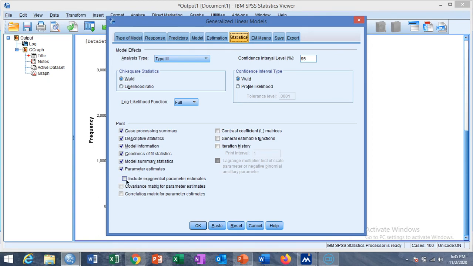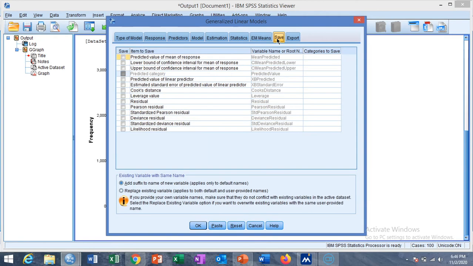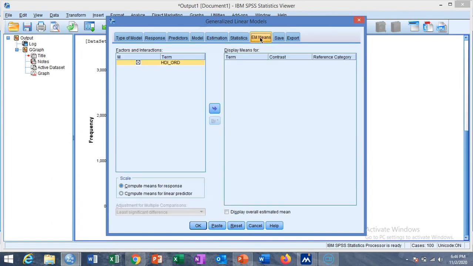You can also include exponential parameter estimates to make the interpretation easier. And then go to EM means if you want to include your interaction effect. So we proceed without including EM means.